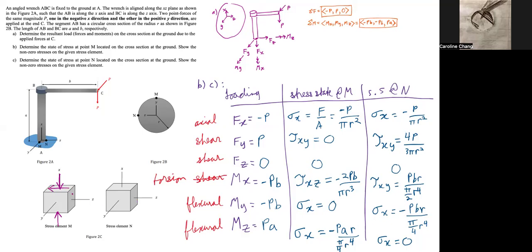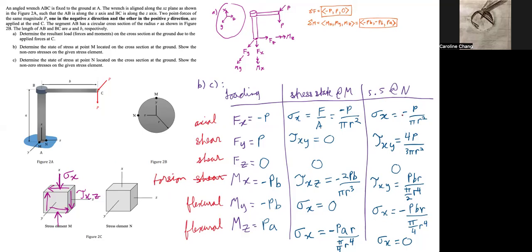So using the tail-to-tail method and head-to-head method, we can draw the stress element as such, where these arrows are basically tau xz, and this stress is sigma x.